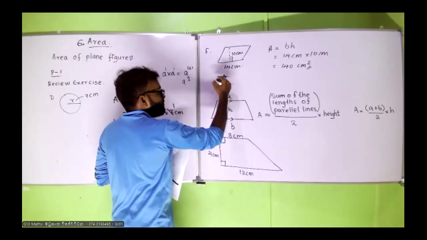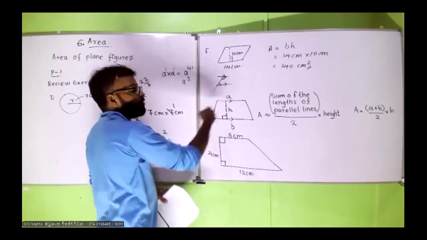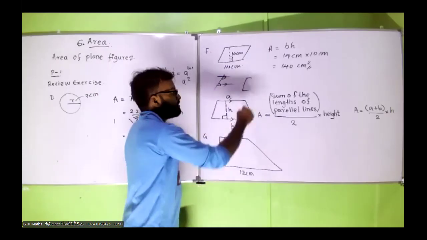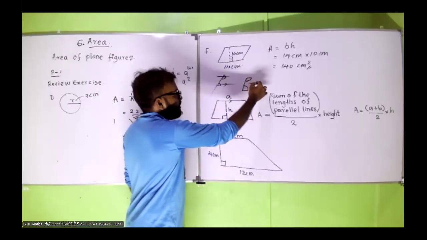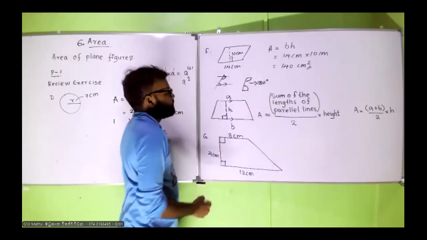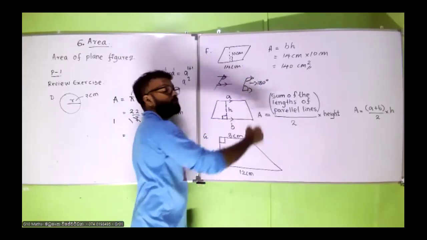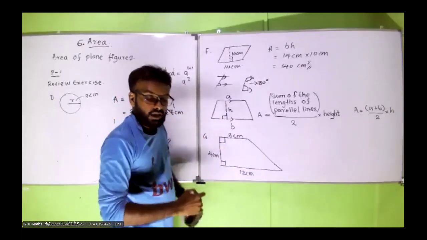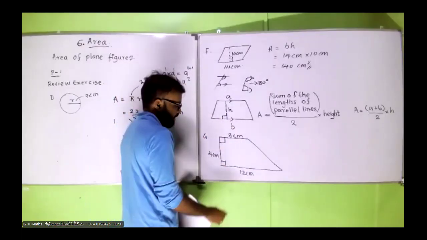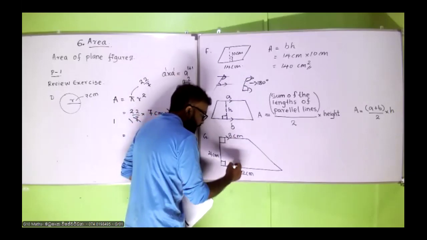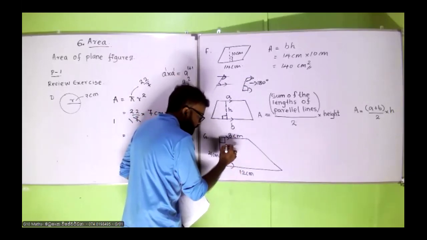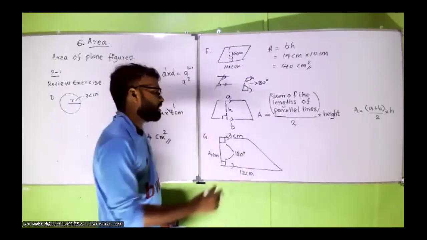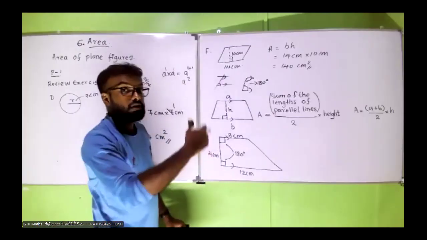Summation of this one and this one is equal to 180 degrees. Type C angles equal to 180 degrees, so that these two lines become parallel. The vice versa thing can happen. So these two lines will be parallel because the summation of this one and this one will be equal to 180 degrees. You need to understand that, so that this becomes a trapezium.